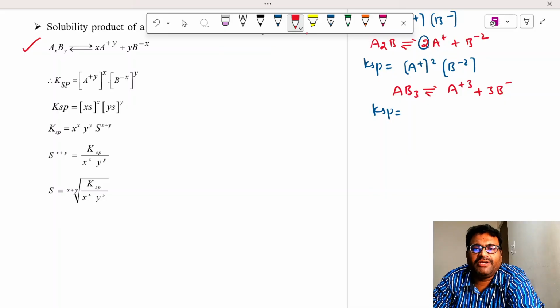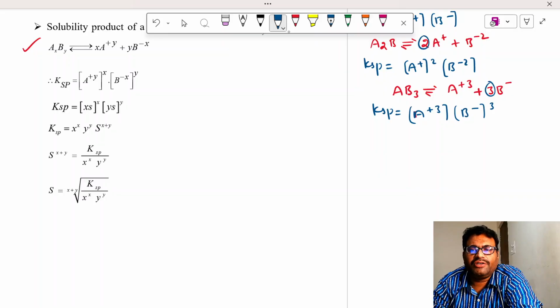So KSP will be equal to concentration of A plus 3 into concentration of B minus power 3, because in the balanced equation we have 3. Understood?